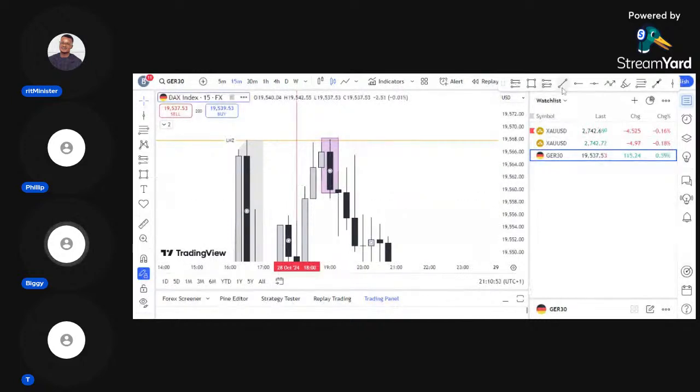You can see that the wick of that candle took out the wick of the previous candle here. And then we closed very bearish, and then also engulfing this candle. So this is a good SCOB at an LMZ zone.